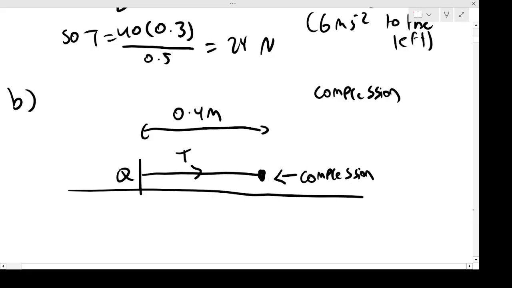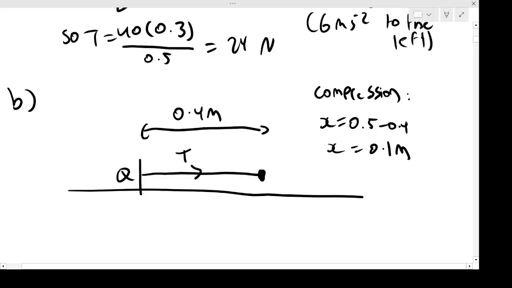Okay. Now, that's really it. Again, I can work out my compression, which I call X. Well, the natural length or the original length was 0.5. It's shortened to 0.4. So that means the amount compressed has to be 0.1. Okay.